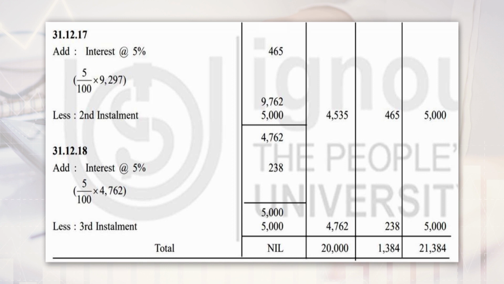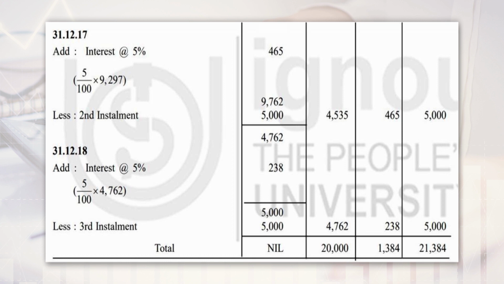So out of this 5,000 second year installment, 4,535 is the principal amount and this 465 is the interest amount. So if we make the total of this, it comes to 5,000, that is the second year installment. Now third year interest will be calculated on 4,762 at 5%, it comes to 238.